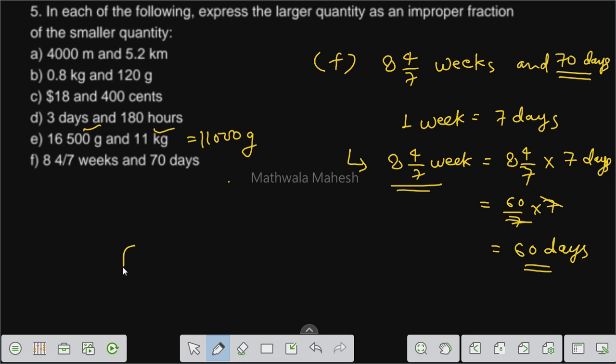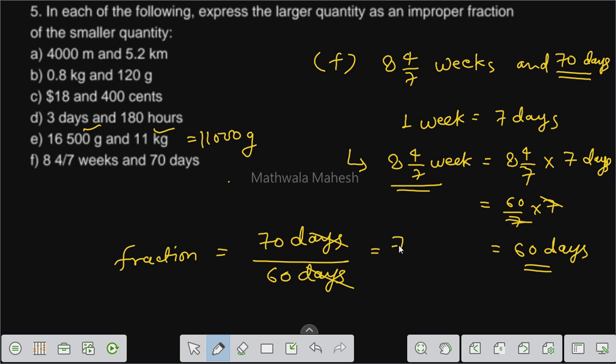So the fraction is larger upon smaller. Larger one is 70 days upon smaller one is 60 days. And this is 7 by 6. Okay, this is the answer. Now moving to the next one.